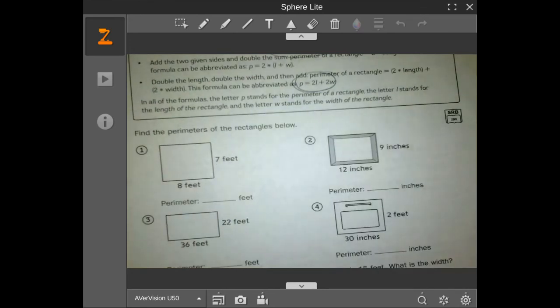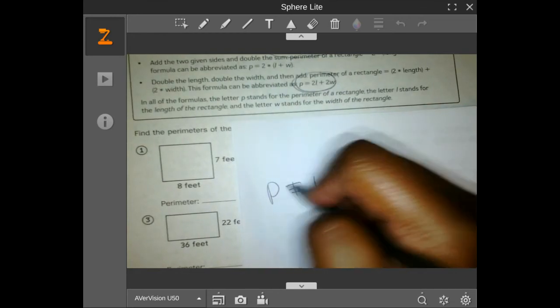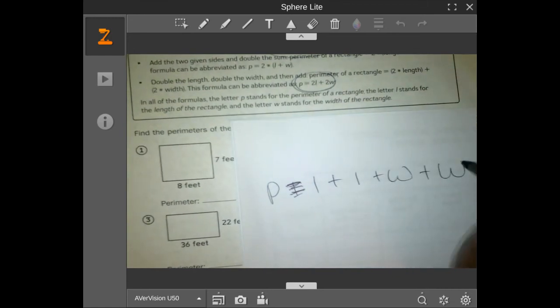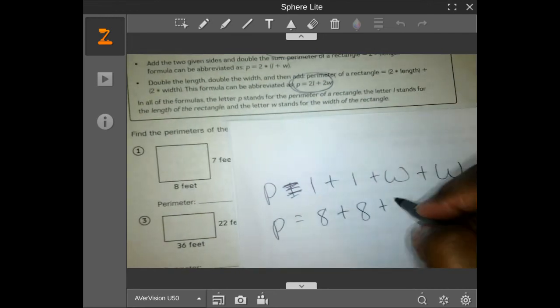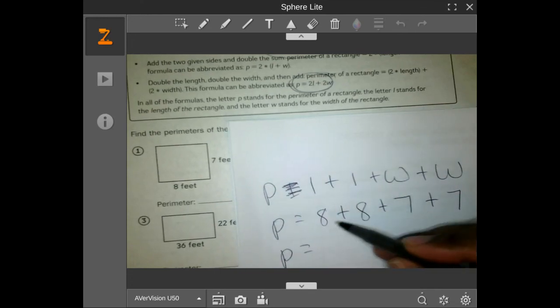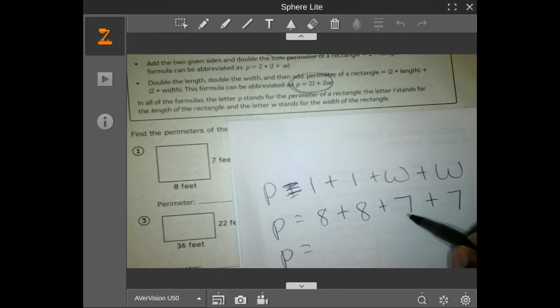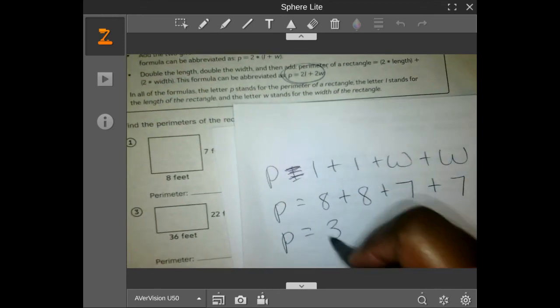If I use my previous formula, P equals L plus W plus L plus W. P equals 8 plus 8 plus 7 plus 7. 8 plus 8 equals 16. 16 plus 7 equals 23. 23 plus 7 equals, yes, 30.